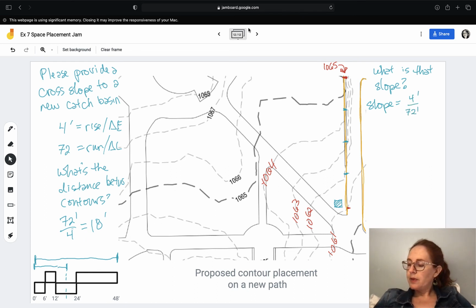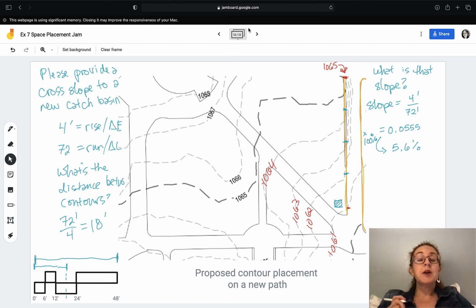And that is equal to 0.0555. It goes on and on. So I convert that to a percent. Times 100%, and that gives me a slope of 5.6%. I'm just going to go ahead and round it up right now.